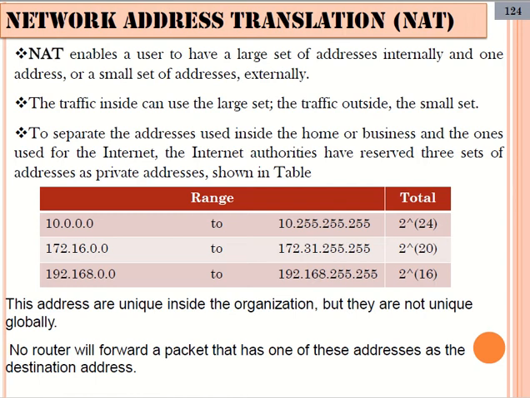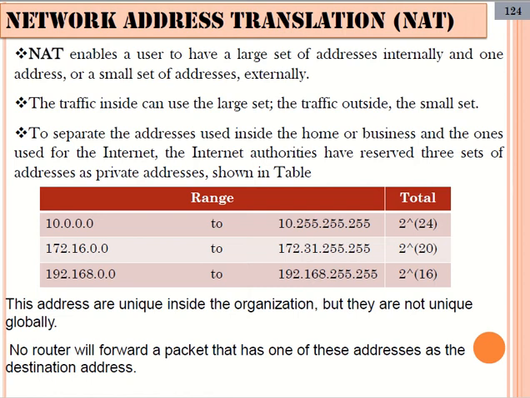So what the organization can do is take some addresses as private addresses and a few addresses as universal addresses. Out of 20, it can take 15 addresses as private addresses, and 5 addresses as universal addresses for communication. The private addresses will be used within the organization, and whenever it wants to communicate with the external world, it will use the universal address assigned by the ISP.